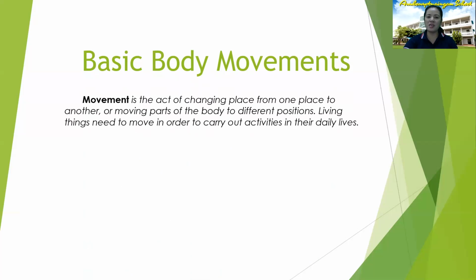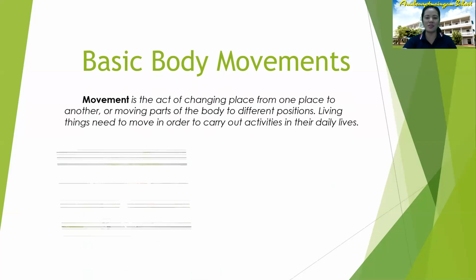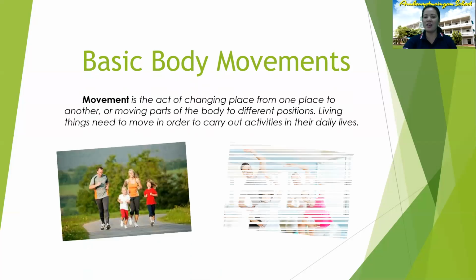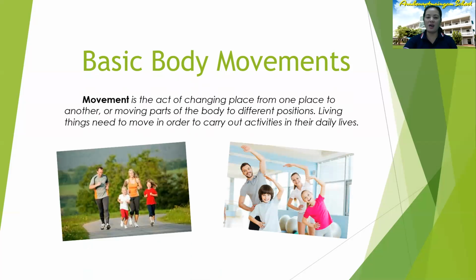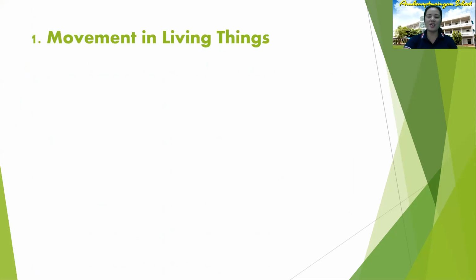Living things need to move in order to carry out activities in their daily lives. As you can see in here, they are running and exercising. So those are forms of body movements. So let us discuss them one by one.